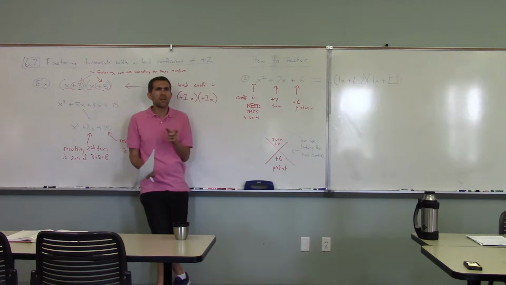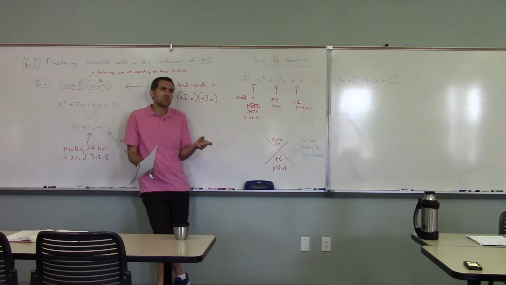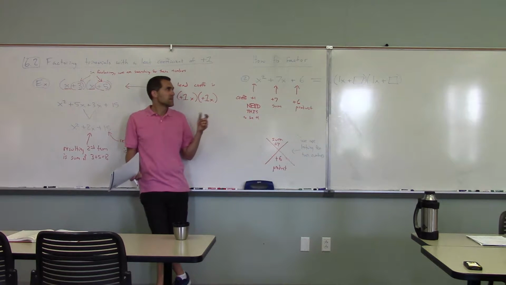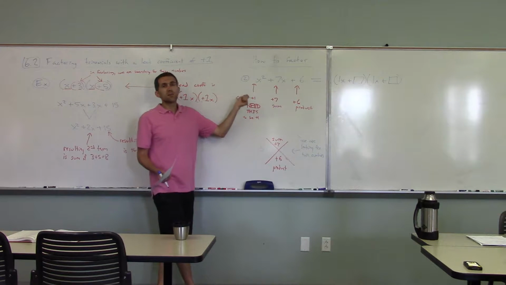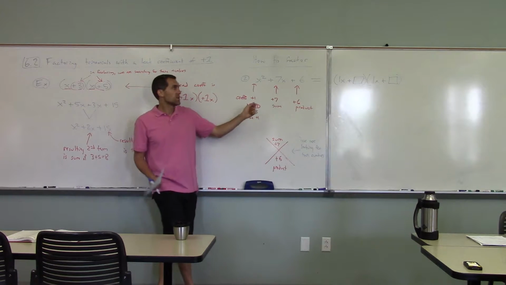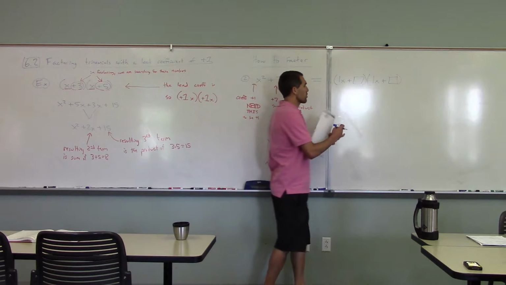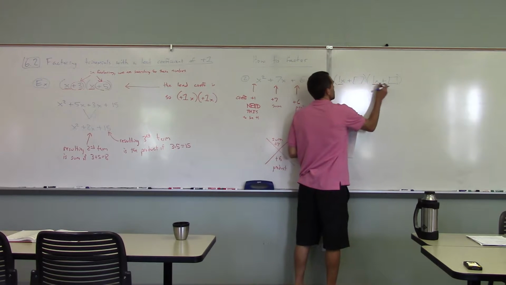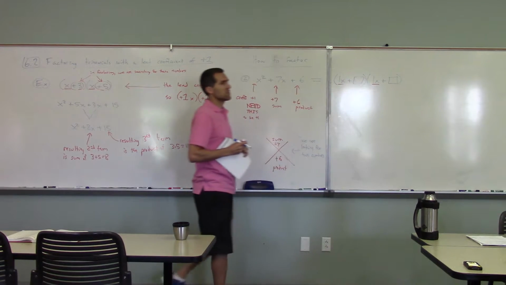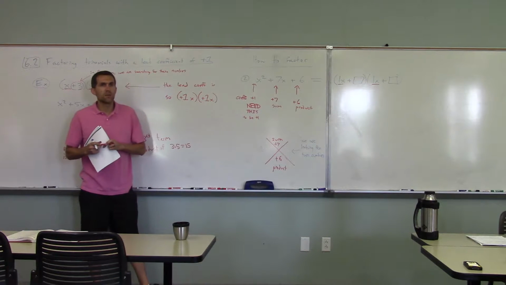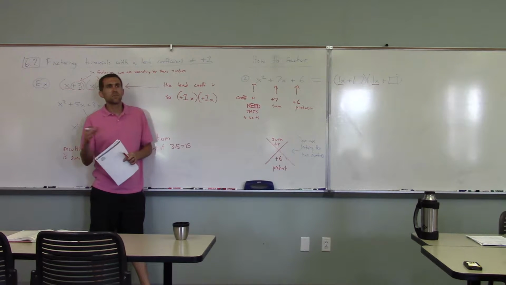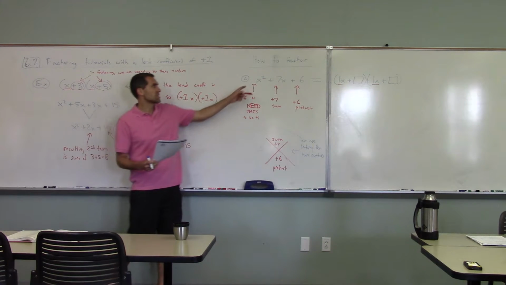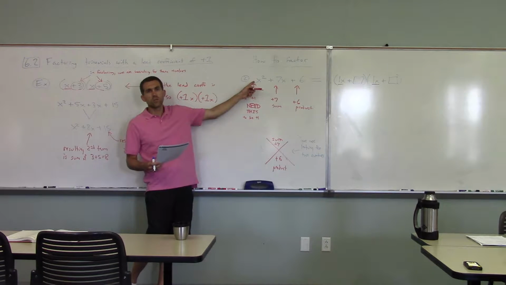So the only things that multiply to make 1 are 1 and 1. So we know the first term. That's why 6.2 is so common. 6.3 is all about what if there's a 6 here, or a 5, or a 2, and that's significantly harder.